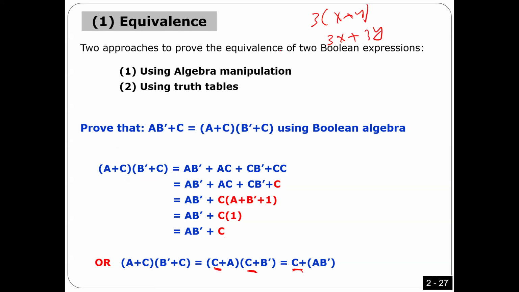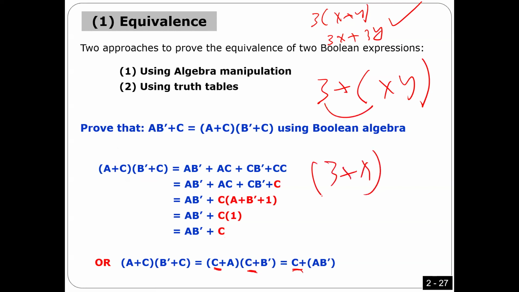That's okay. What we don't have in normal algebra is if I say 3 plus x times y, I can't say this is equal to 3 plus x times 3 plus y. You got what I'm saying? I can't do this, but we have this in Boolean algebra. Sometimes even I forget it because we don't have it in normal algebra.